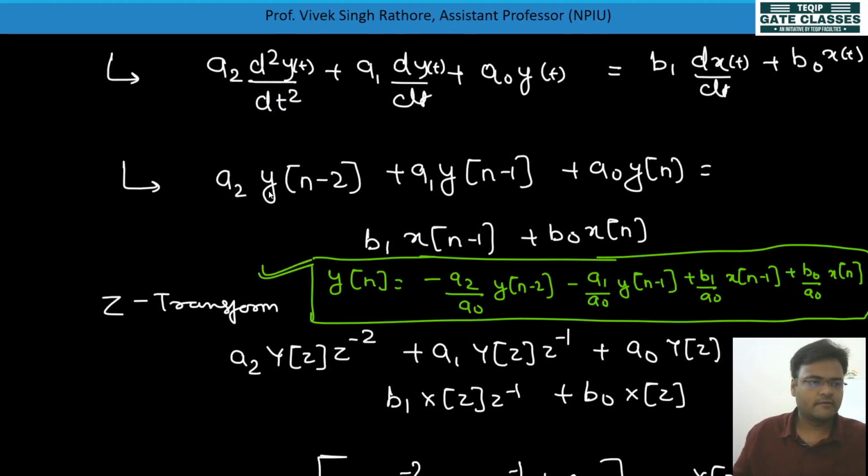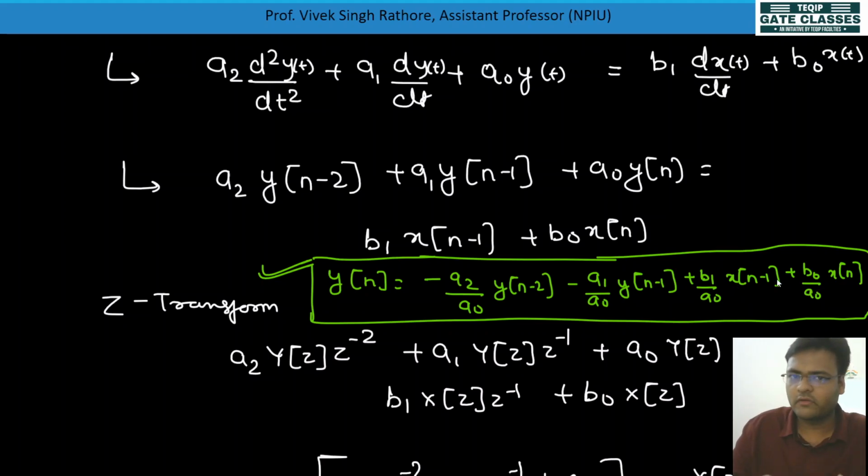See, we have seen a differential equation, we can do the difference equation of that, and now for a discrete time LTI system, what is y of n? Y of n is the output. Output is nothing but we have shifted terms to the right hand side, so we got this one. Now see what the output is dependent upon: y of n minus 2 means the previous second output, y of n minus 1 just the previous output, x of n minus 1 the past input, x of n the present input.